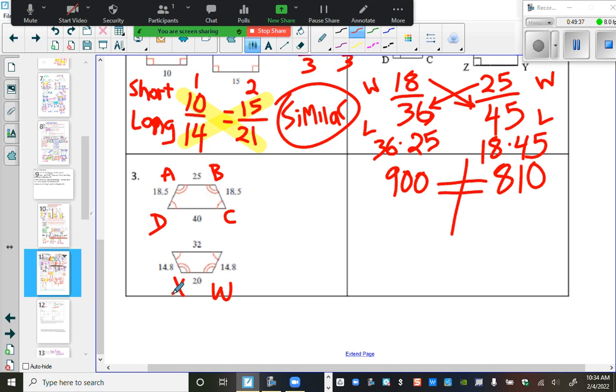However, the good news is we can kind of see who matches with who, right? If you think about it, if you twist it, rotate it, 20, 32, 14.8.